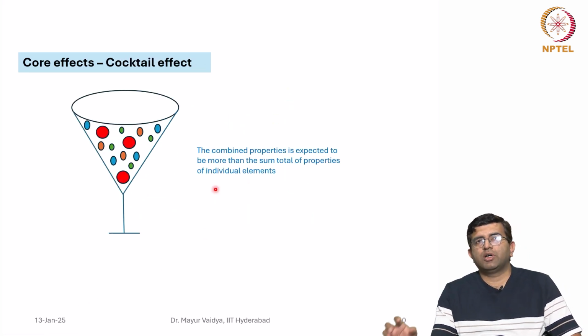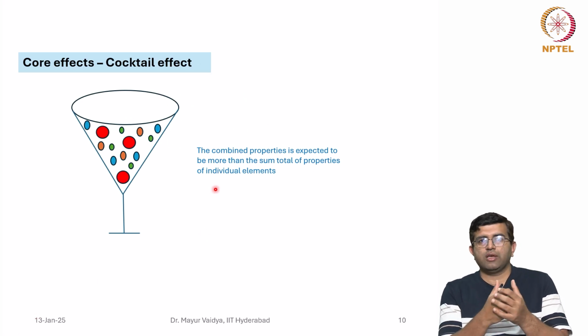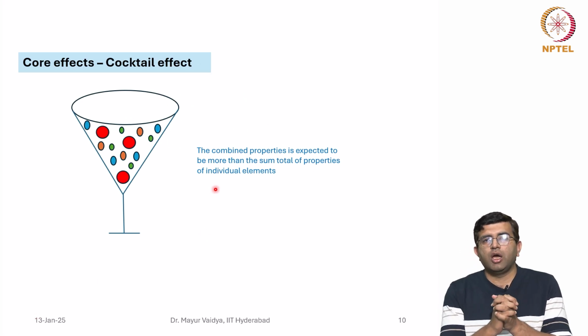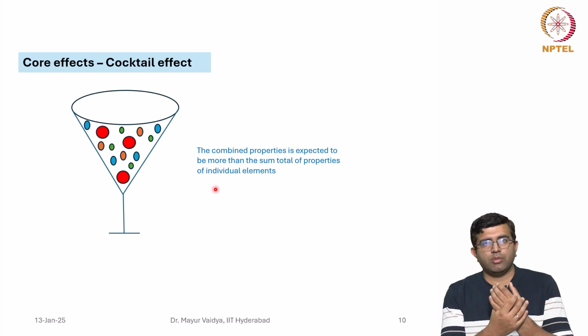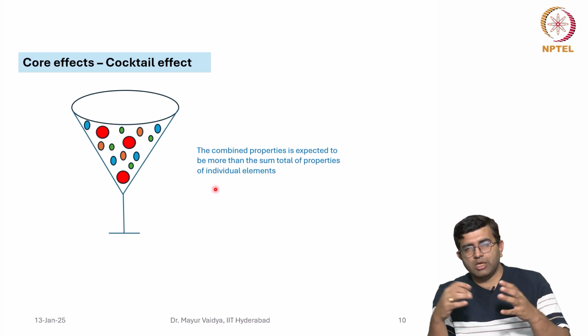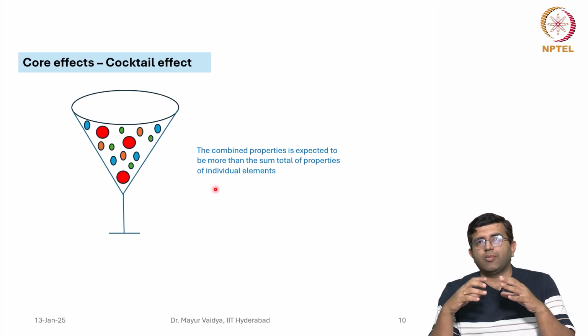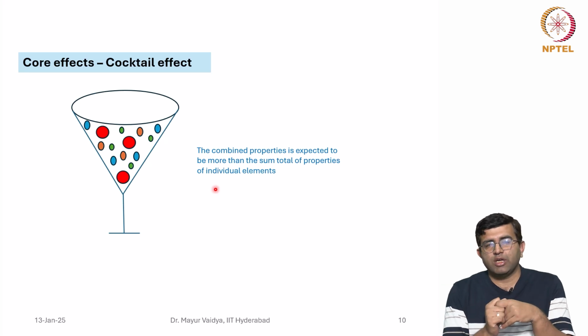Then you have a cocktail effect, which is, I would say, more like a poetic term, which says that when you combine several elements in near equiatomic proportions, then the combined property is expected to be more than the sum total of the properties of the individual elements.